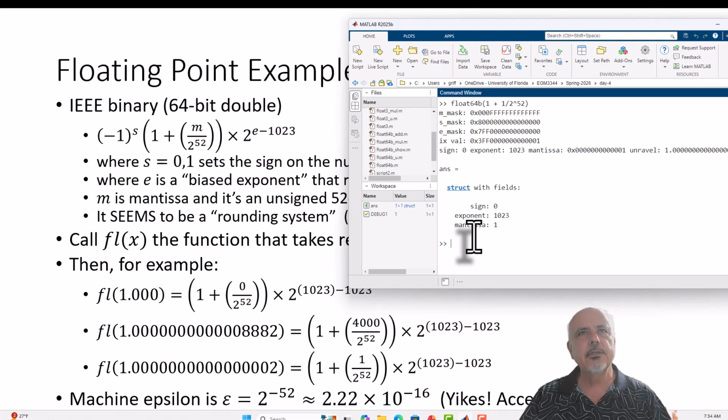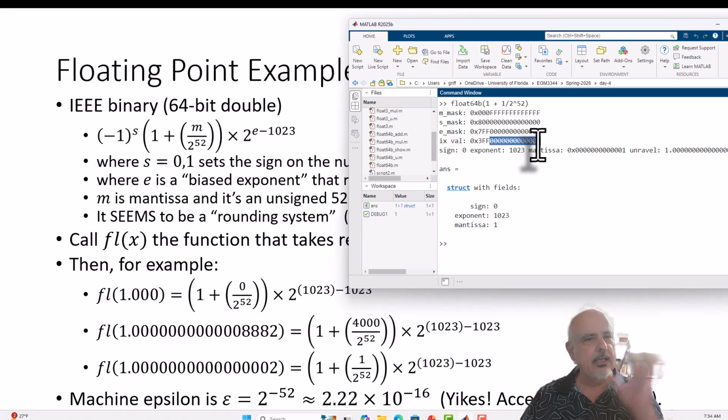Okay, see what that is. All right, so you see that the mantissa has that 1, and that's as small as you can go right there. Same exponent. Mantissa's 1. So that's what it looks like.